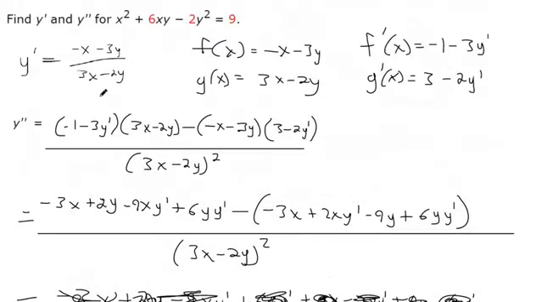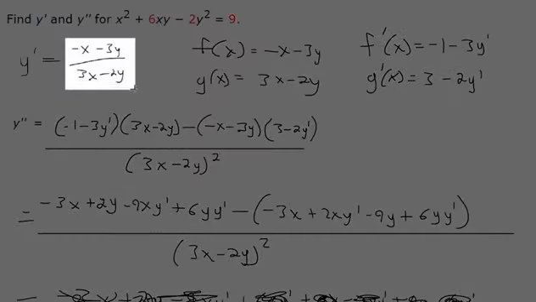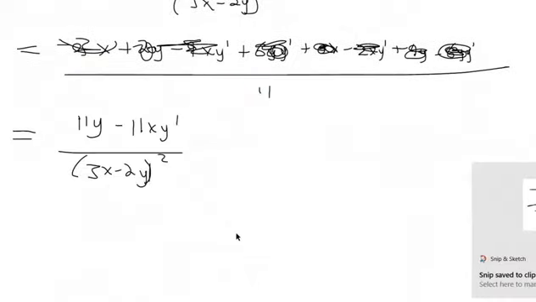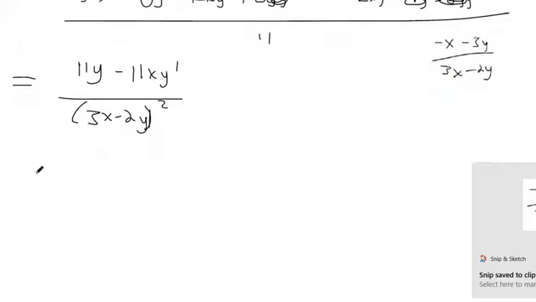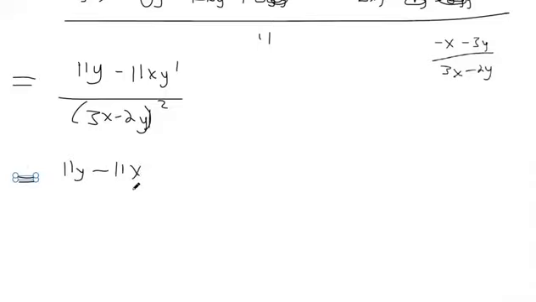Okay, now we'll plug in this negative x. I'm just going to copy that, just so I have something to look at. So I'm plugging in negative x minus 3y over 3x minus 2y in for y prime.